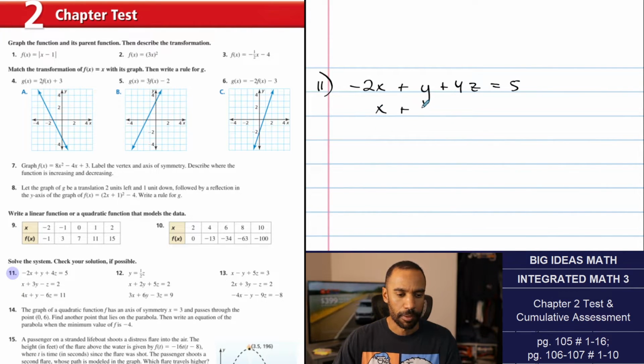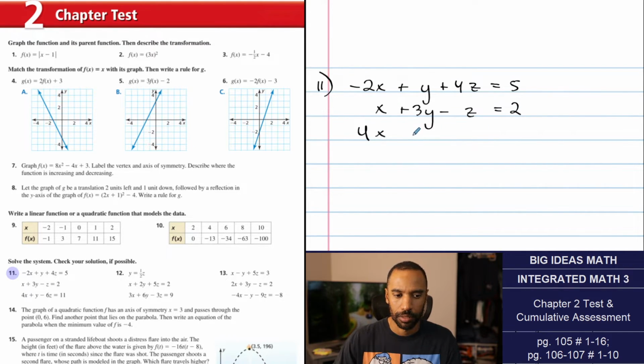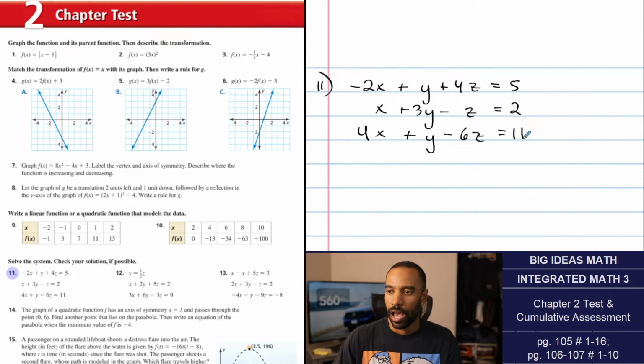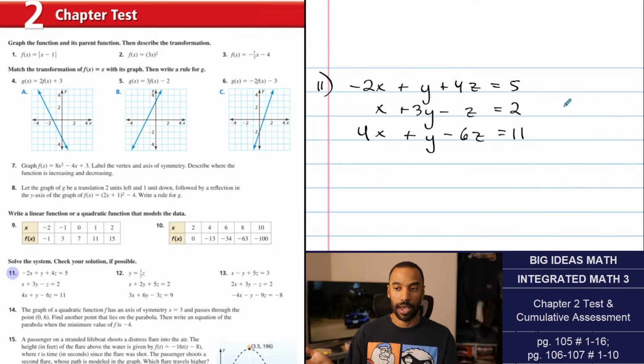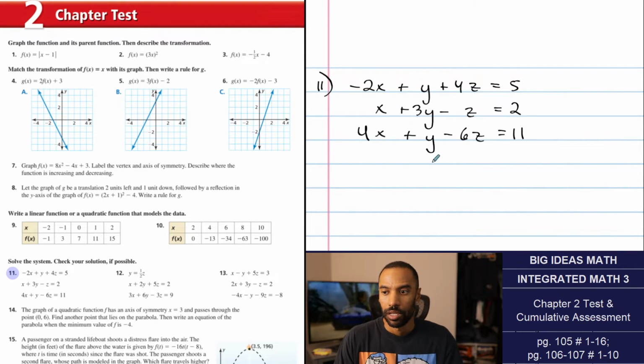And you want to start to think about a strategy as well. When I start to look at these, minus z, I'm thinking out loud while I'm writing it out. 4x plus y. Nothing very obvious comes to mind. Eliminating x, y, or z will do.